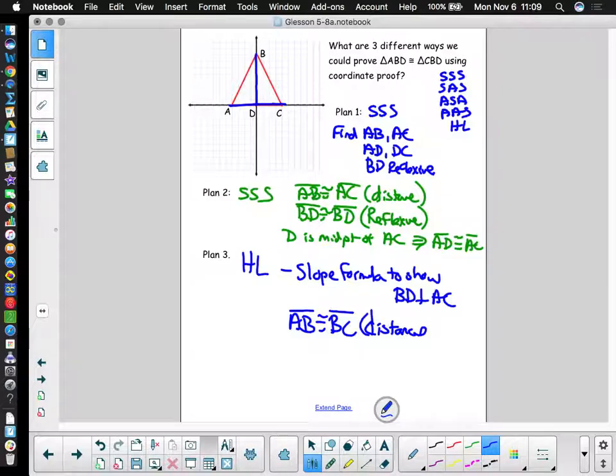Sorry, the tail of the D didn't show up there. Okay. And then BD congruent to itself, reflexive. And I've got an HL proof here. So there's a lot of different ways when you're given a picture sometimes to prove that the triangles are congruent in the coordinate plane. We aren't always limited to just one choice. So part of it is figuring out what possibly applies and then figuring out a way to get there using distance, midpoint, and slope formulas.